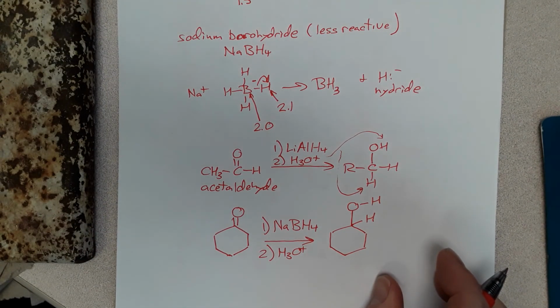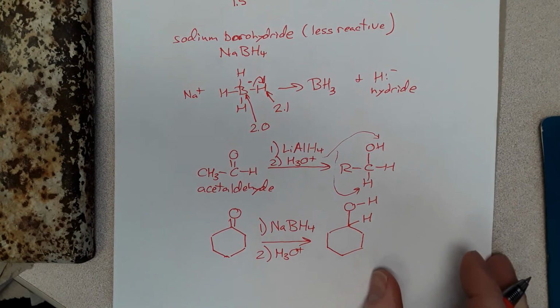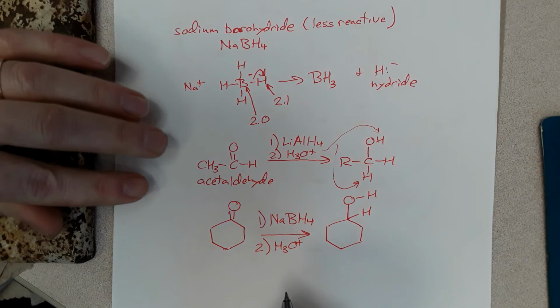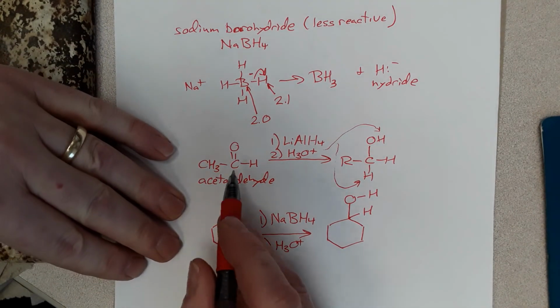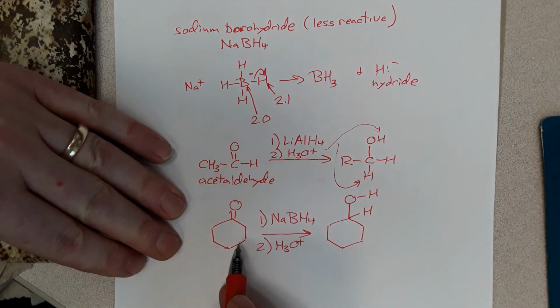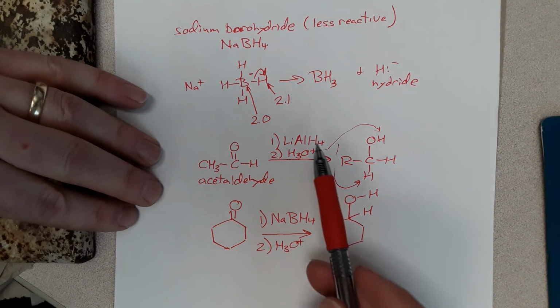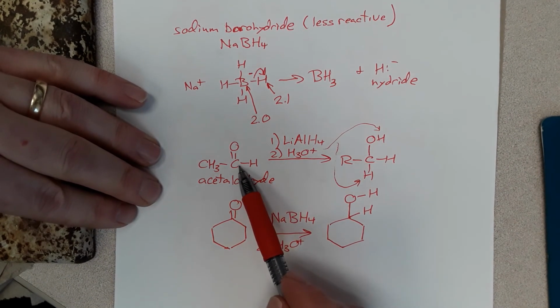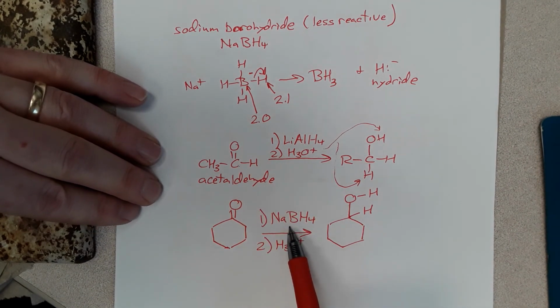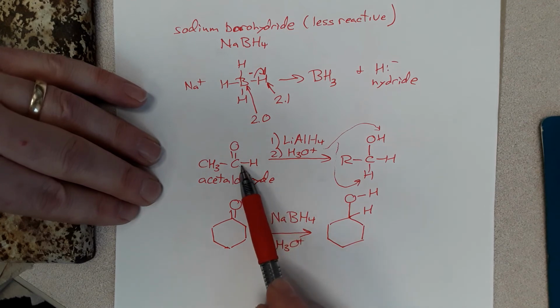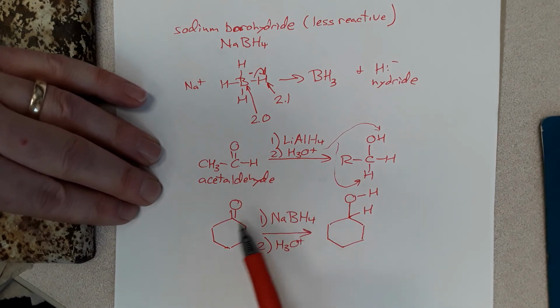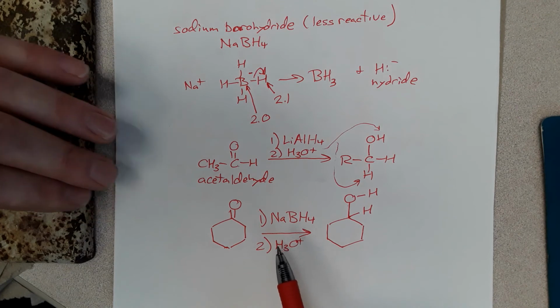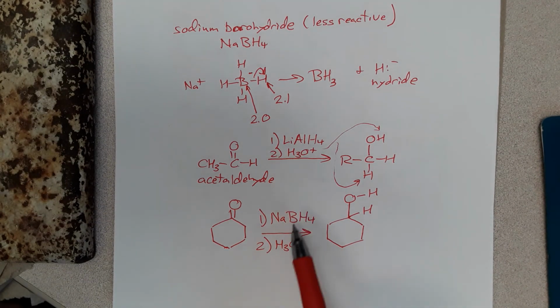So these are the hydride reducing agents, and you can start out with an aldehyde or a ketone, either way. You can use lithium aluminum hydride to react with an aldehyde, or you can use sodium borohydride to react with the aldehyde, and same with the ketone. It doesn't matter which one you use, and you'll see different examples of them being used.